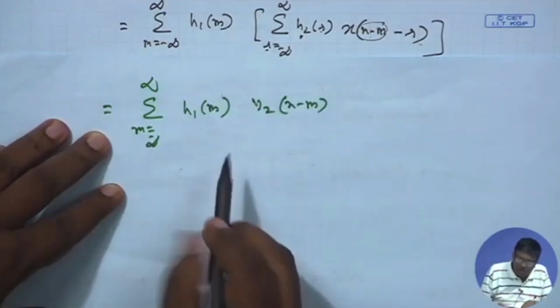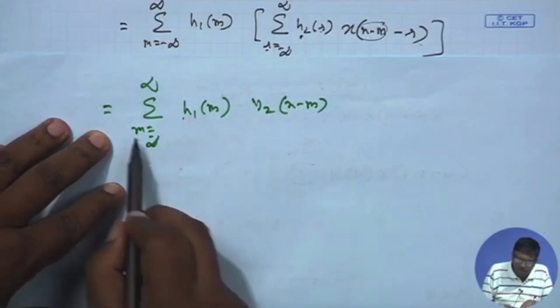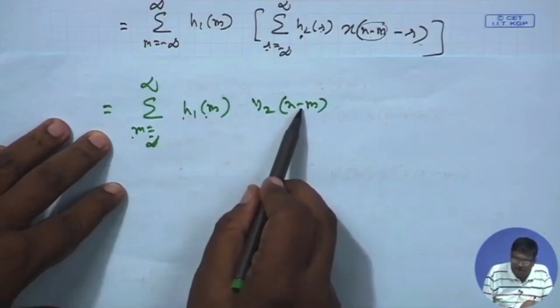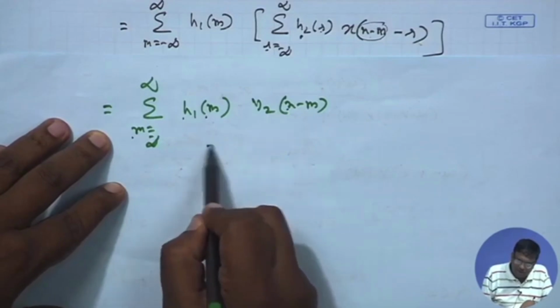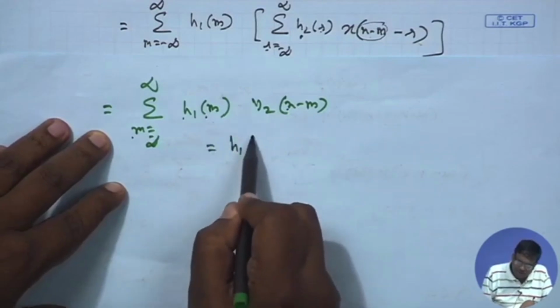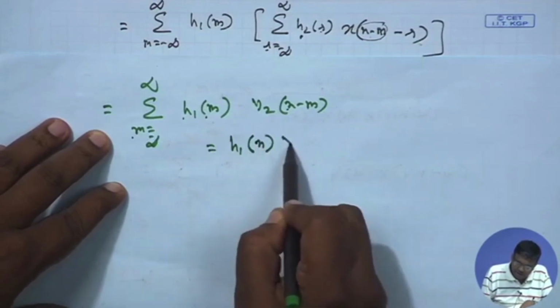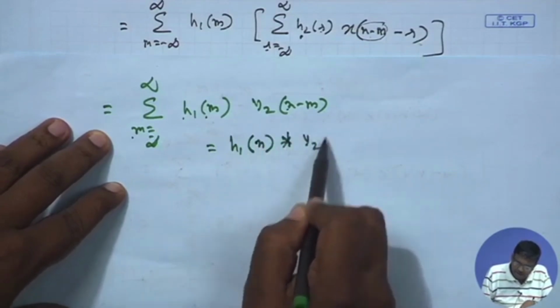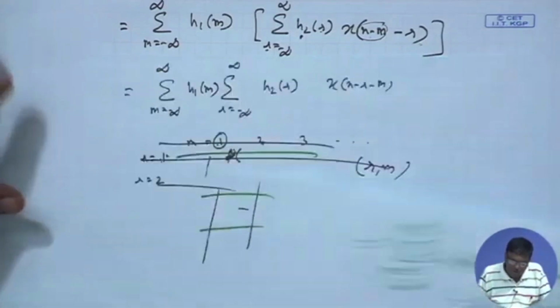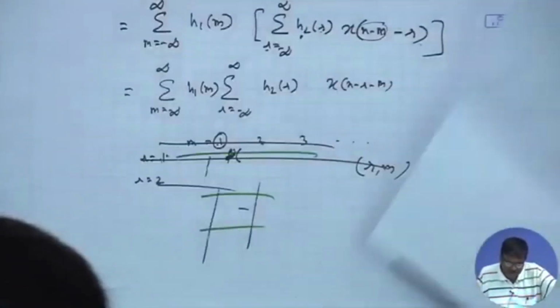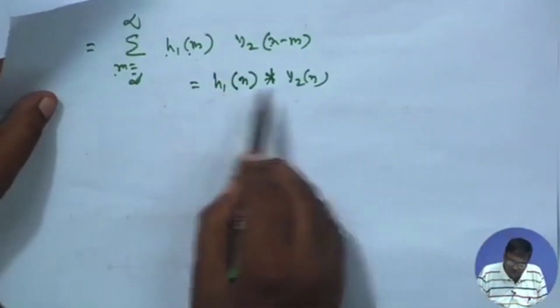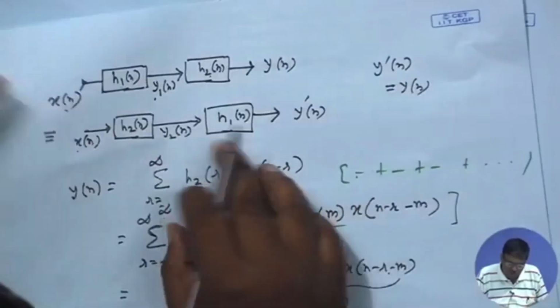Again, it is a convolution between h1 and y2, with local index m coming here with a minus sign and n here. So this is the convolution h1 n star y2 n. That is what we have here. What we are getting is h1 convolved with y2, which is the same as y2 convolved with h1. And what is y2?